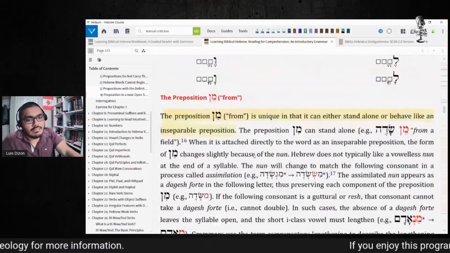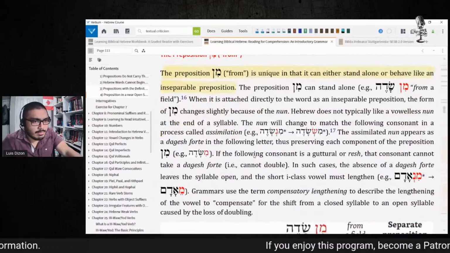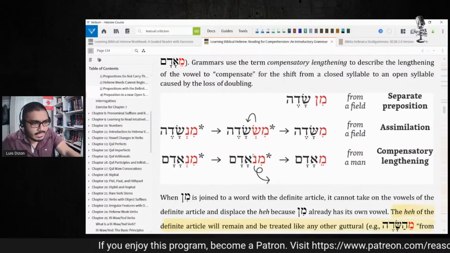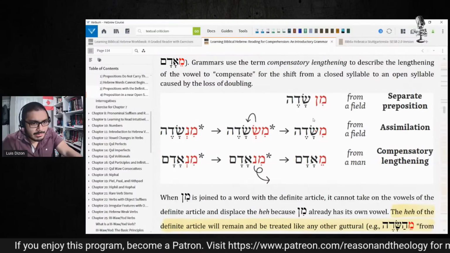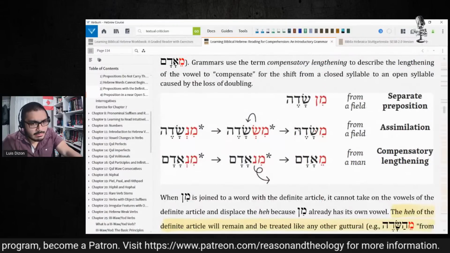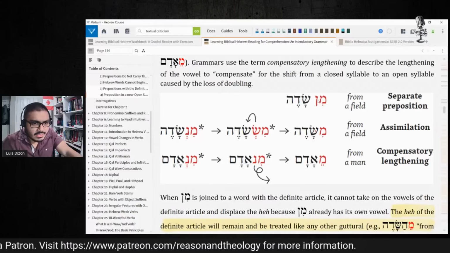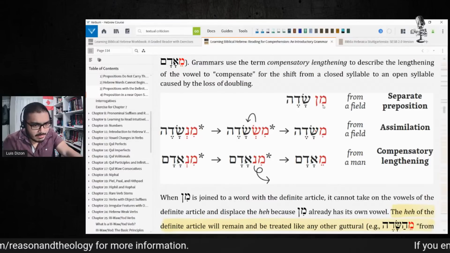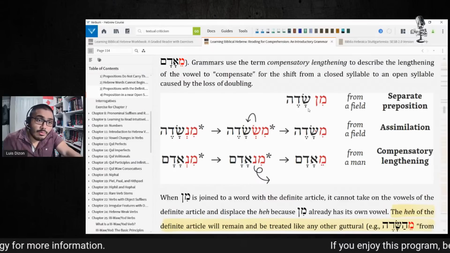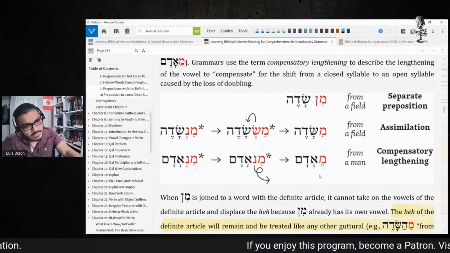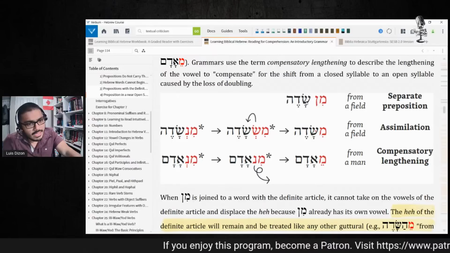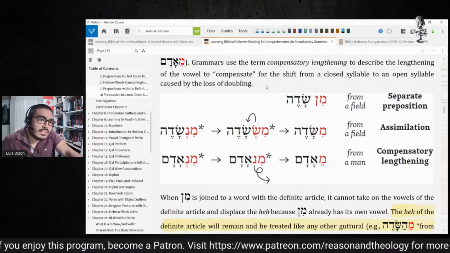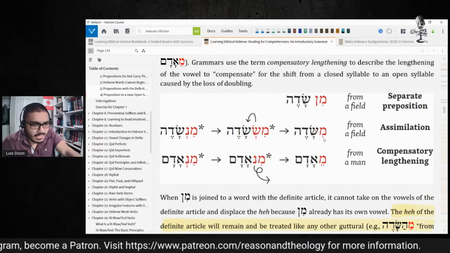And then, having covered that, we talk about the preposition min. So min is interesting because it will sometimes attach to the word that comes after it, and when it does, it changes. So the nun drops out, and the hirek becomes a tsere. So min hasadeh will sometimes become me sadeh. So actually, it doesn't always change into a tsere. My bad.